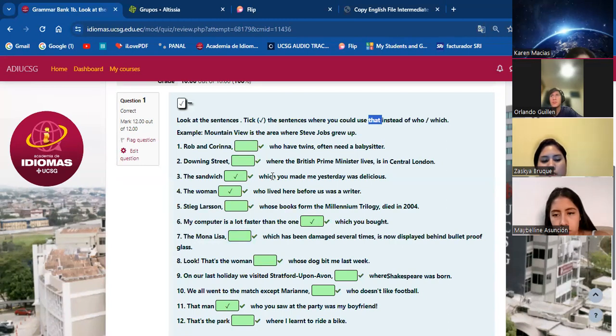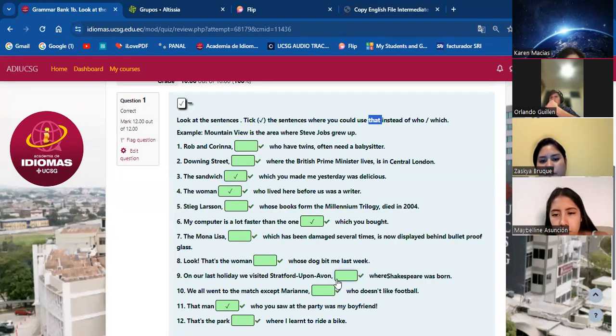Could you repeat that? The comma in the sentences. Numbers 3, 4, 6, and 11 have no commas. Numbers 1, 2, 5, 7 have commas. Number 8 is different because you don't use who or which there; we use whose. So that one is out.